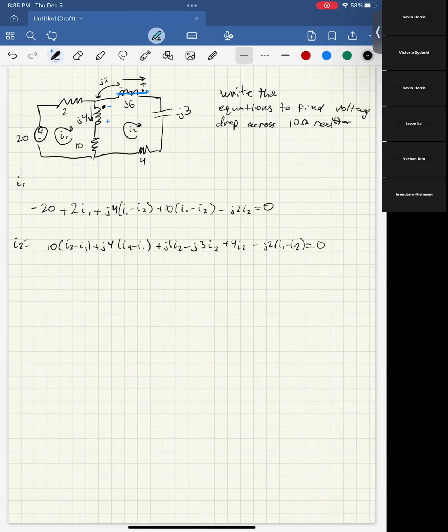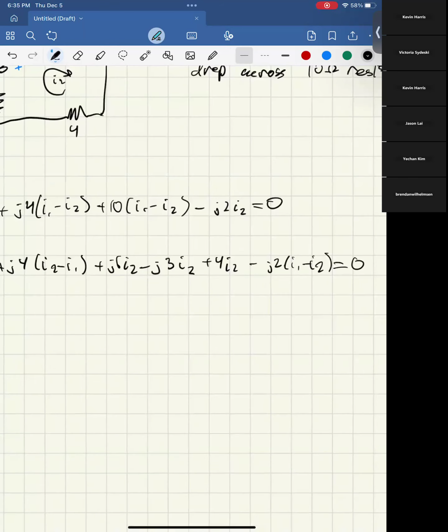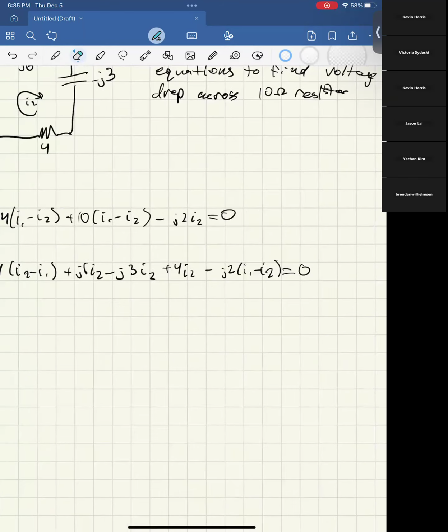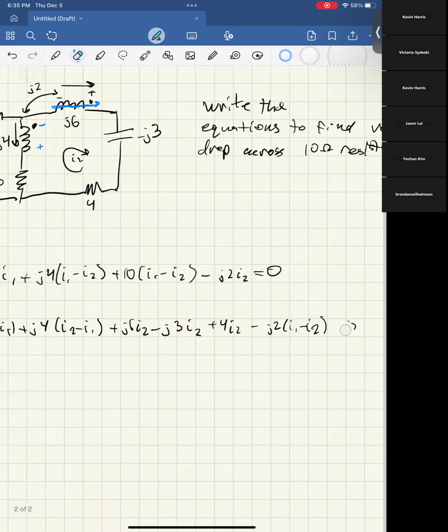Let me make sure I'm doing this right again. Plus J2. Oh, that's what it is. Okay. So there's actually one more term, my bad.